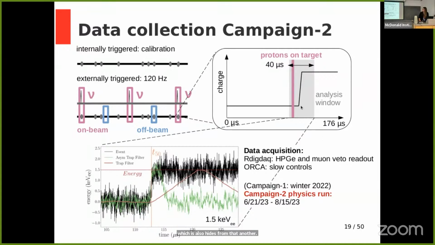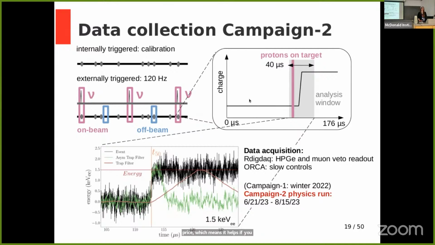Zooming in here, in the end, we only use this 40 microsecond window for our analysis. And this is because we need, for germanium, to get this good energy resolution. You need the baseline before because you want to determine the height of the rise, which means it helps if you know this level before very well.